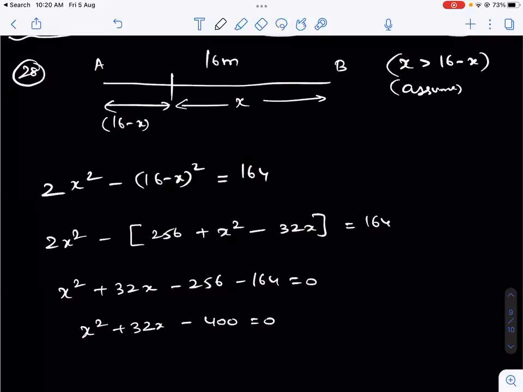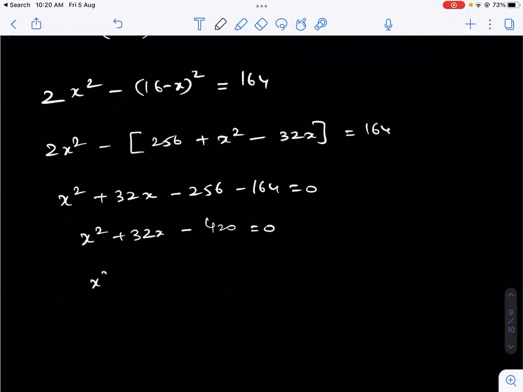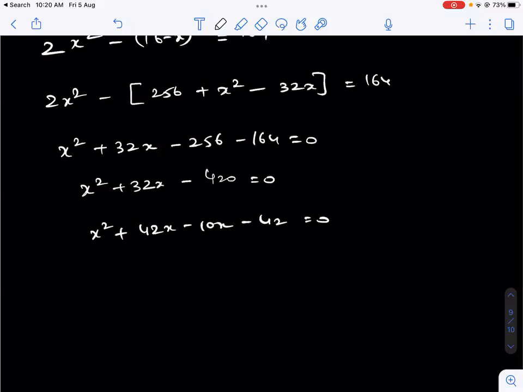Okay, let me say this is 420 now. Okay, let me take it as 420 itself. So I'll get 420, means I can write it as 42 minus 10. Okay, x square plus 42x minus 10x minus 420 is equal to 0. So x into x plus 42 minus. Oh, one of the terms is getting cancelled.